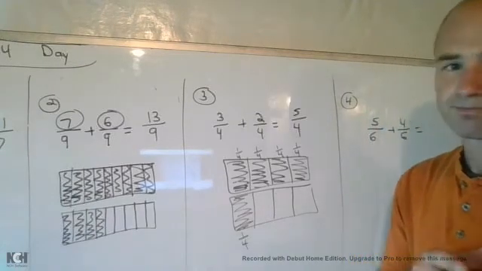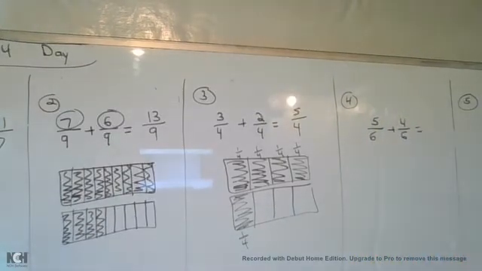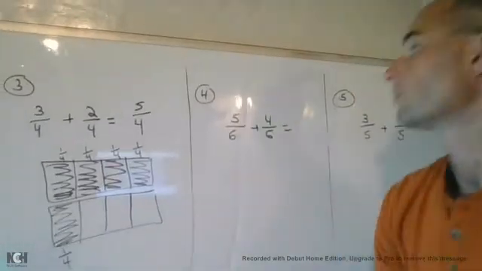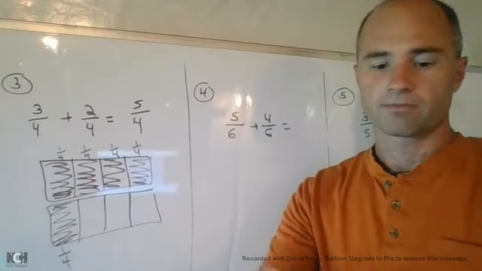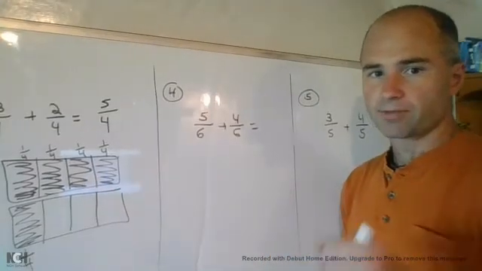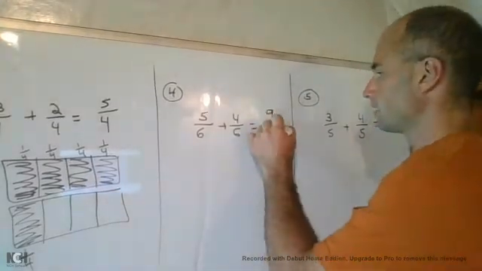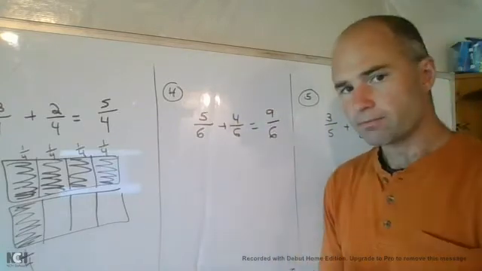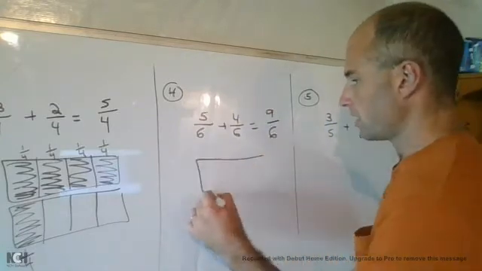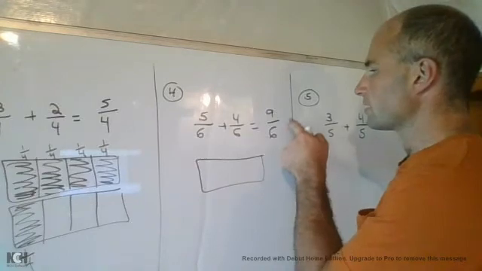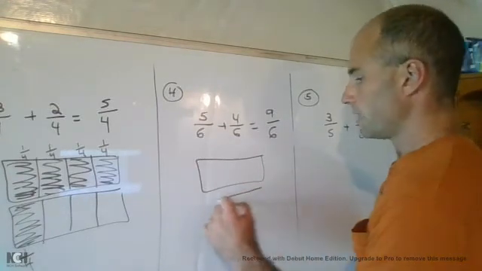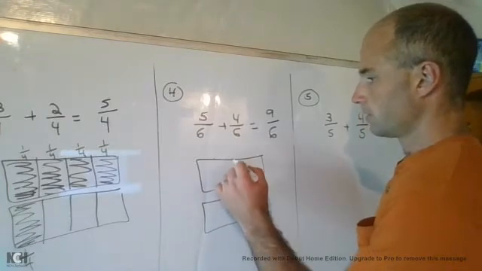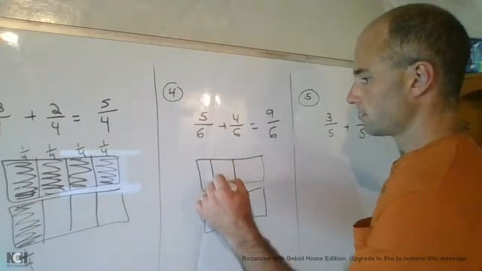All right, so let's go to number 4. 5/6 plus 4/6. Hit the pause button to solve, please. So 5/6 plus 4/6 equals 9/6. Can you prove it? Well, first off, since I have more than 6/6, and 6/6 is 1 whole, I'm going to make 2 boxes here. I'm going to break each box into 6.